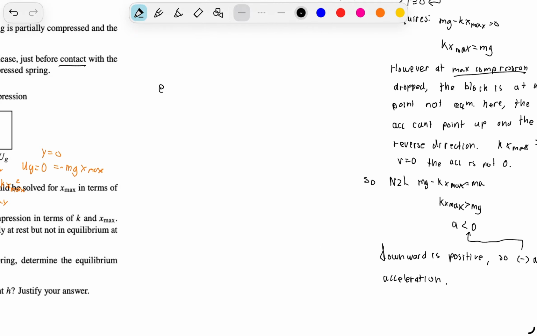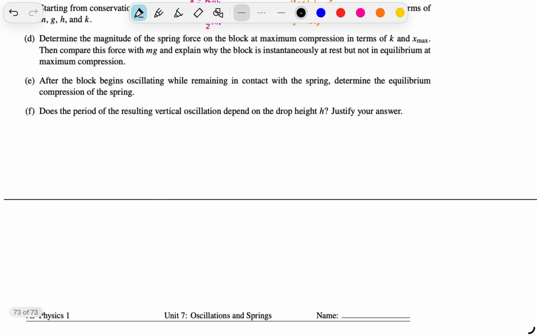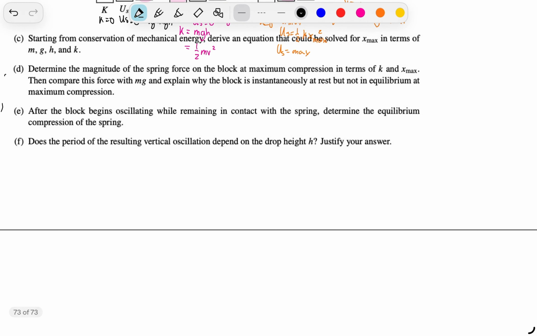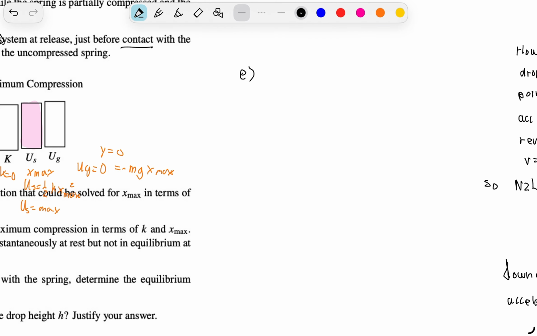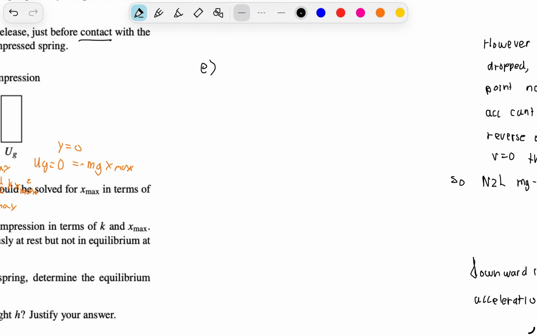So for part E, we are asked, does the period of the resulting vertical oscillation depend on the drop height h? Explain your answer. So at E, the equilibrium compression after oscillation begins.